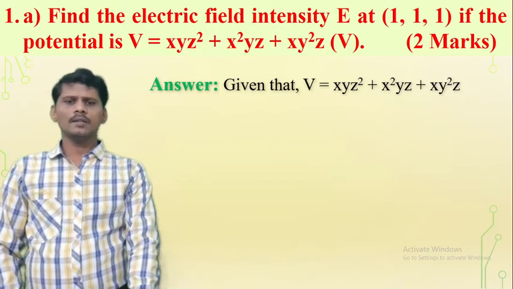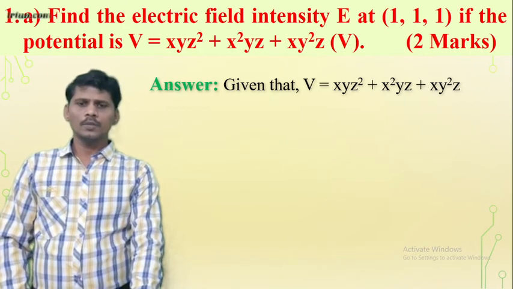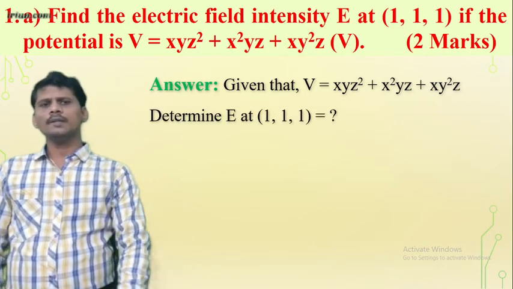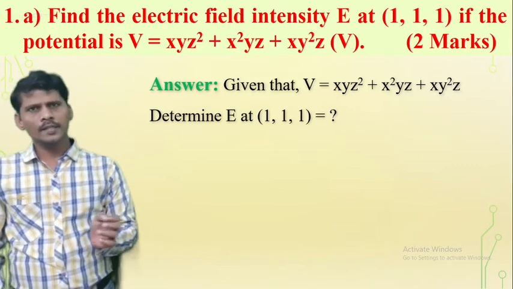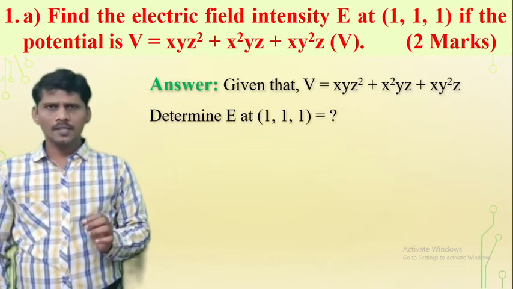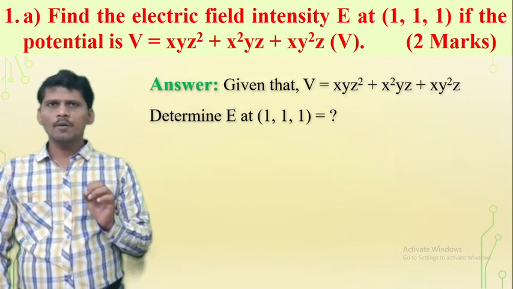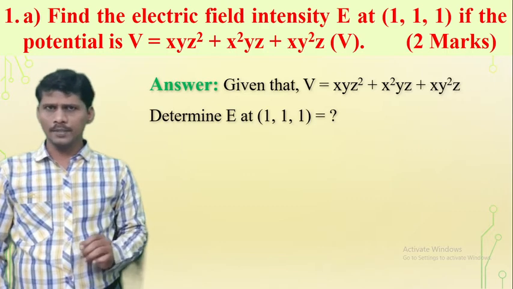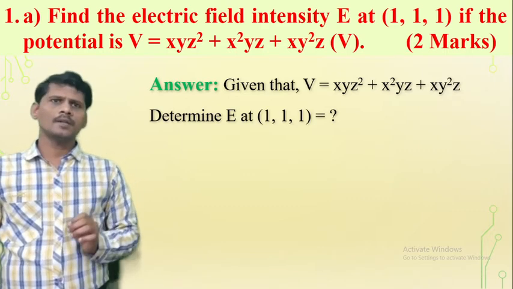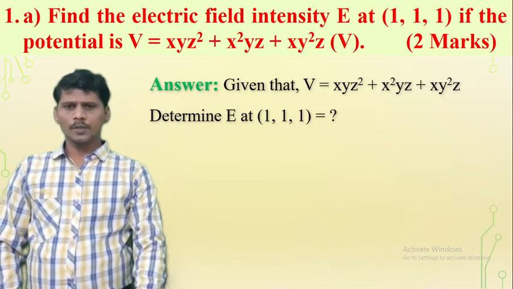So calculate the electric field intensity. We know that the relation between electric field intensity and electric potential is that the electric field intensity is the negative gradient of the electric potential, that is E bar equal to minus del V, where del V is the gradient of the potential.